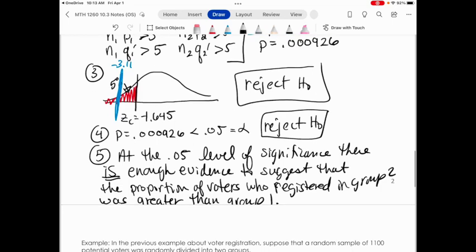So we are pretty confident that reminders helped that group to get registered.